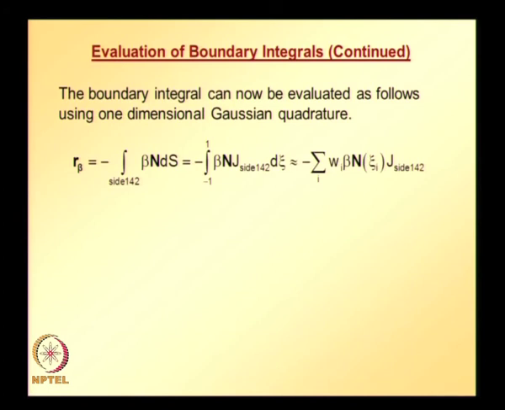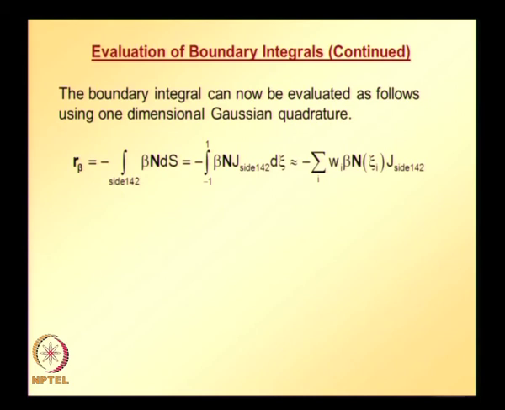R beta needs to be evaluated along side 1 2, which is defined as beta times n ds. Using change of variables, the limits of integration become -1 to 1, and the differential element of the physical element, capital S, is replaced with J times d psi.